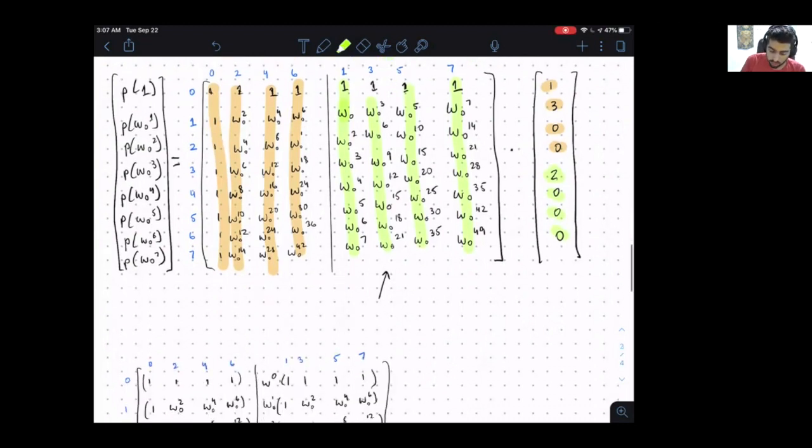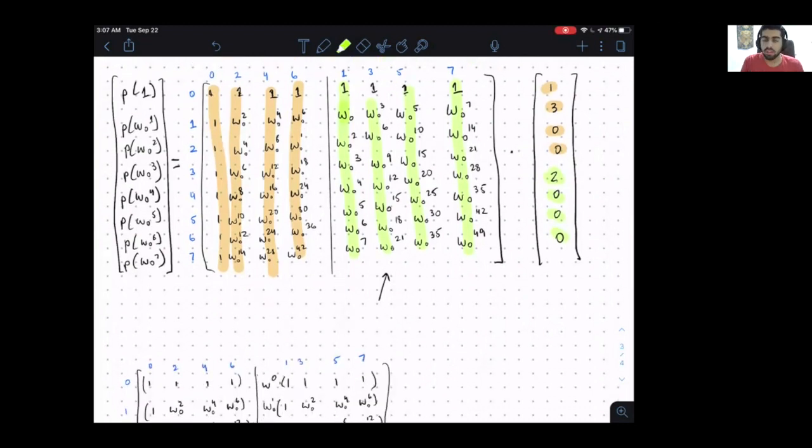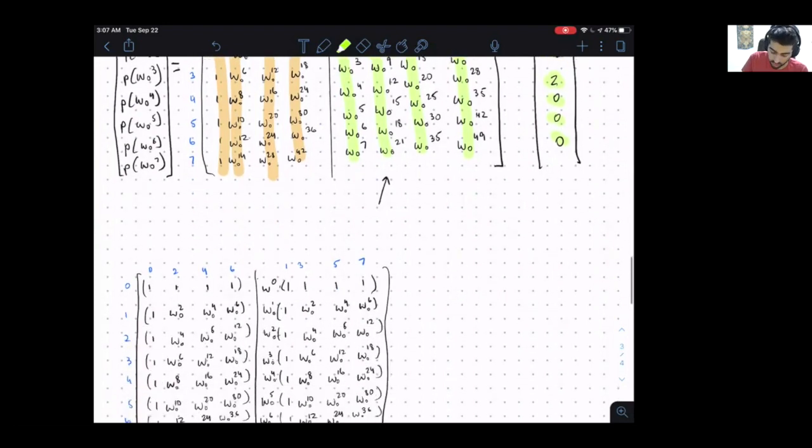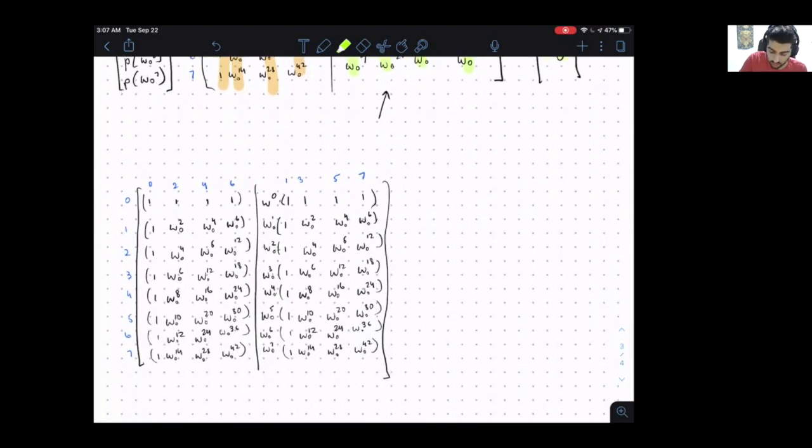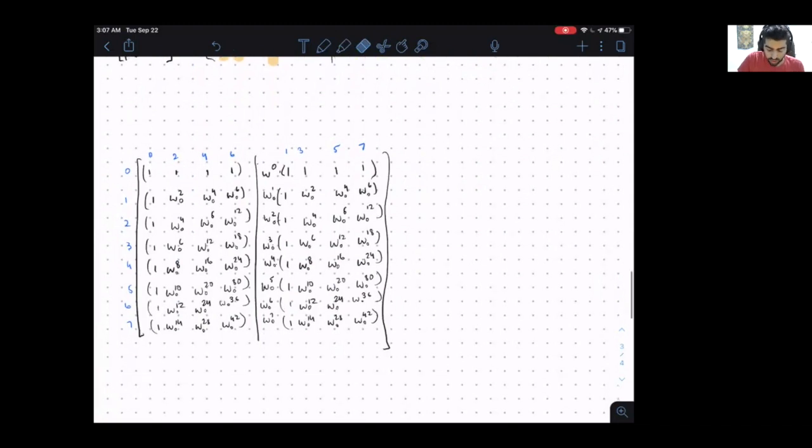Okay, so now there's just one final thing we need to do in order to understand the truly recursive structure of this rearranged matrix, and I've written that down here.